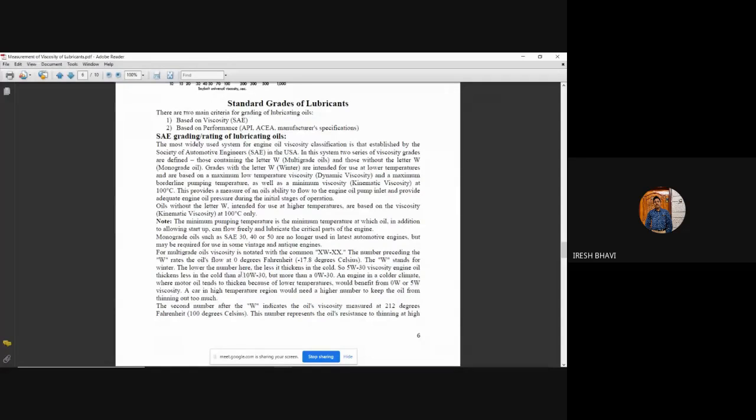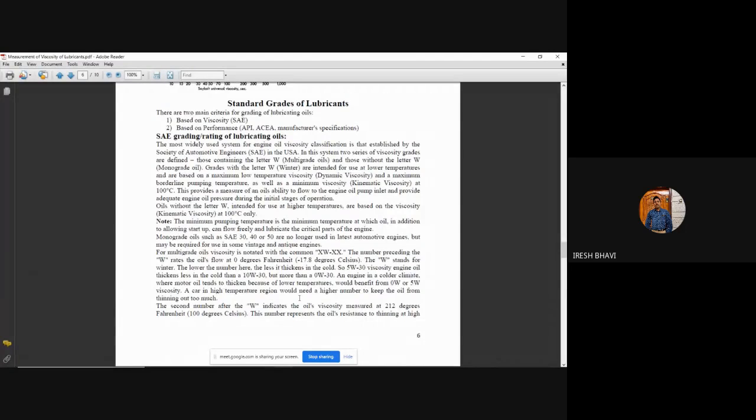You know that as the temperature drops, viscosity of the lubricating oil goes on increasing. As the viscosity increases, the pumping power required to pump that lubricating oil to different parts of the engine will also be more. So the pump cannot pump it properly. And along with that, the lubricating oil may become solidified at lower temperatures. So that should not happen. That is why they go for multigrade oils.